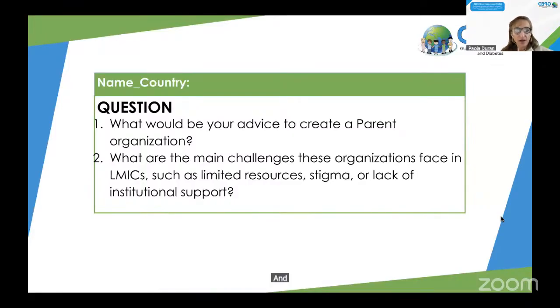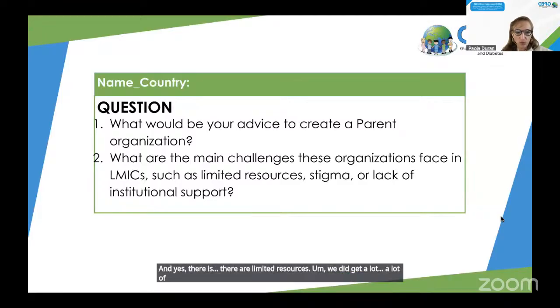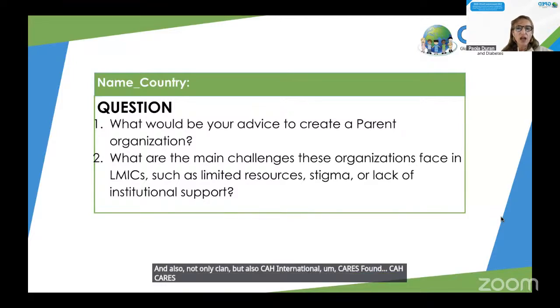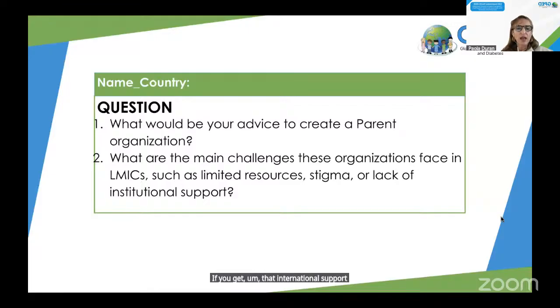And yes, there are limited resources. We did get a lot of institutional support. I think there are many organizations that help, and not only CLAN, but also CAH International and the CAH Cares Foundation. If you get that international support, then you also can get resources, and I think it is the best way to do it.